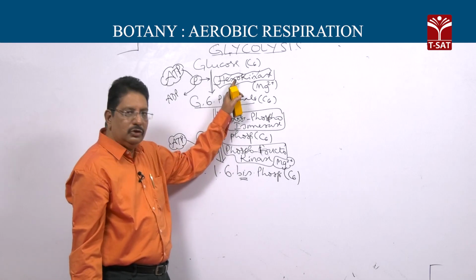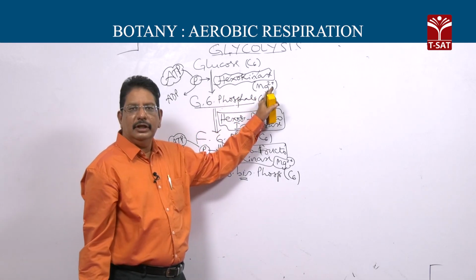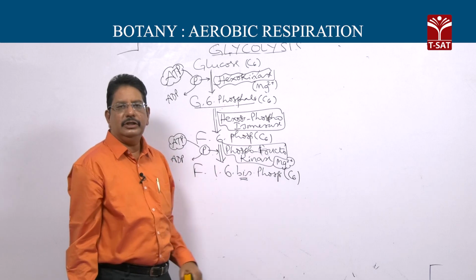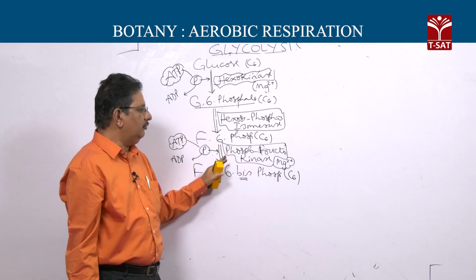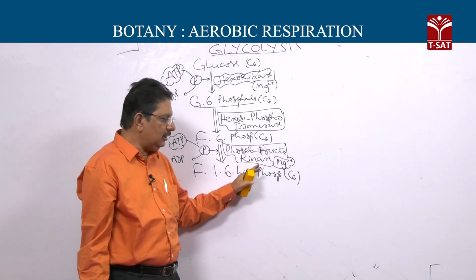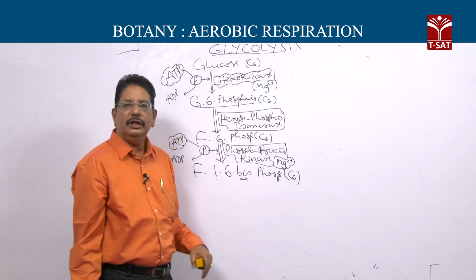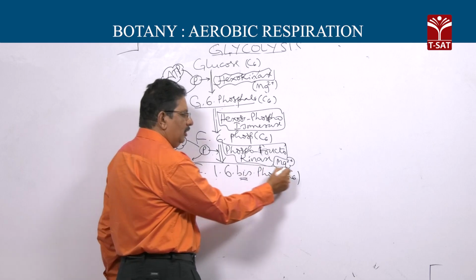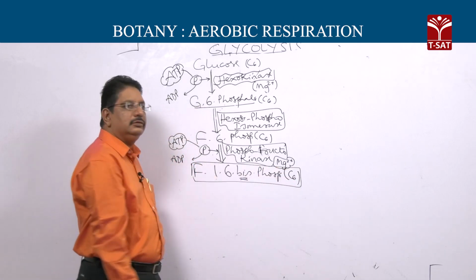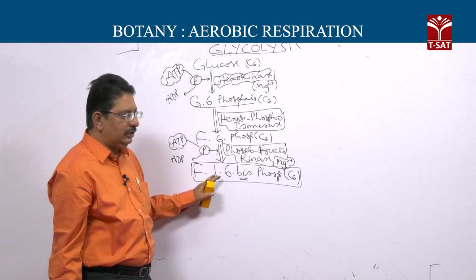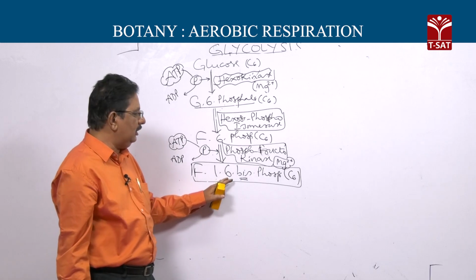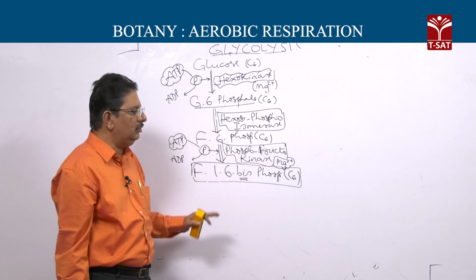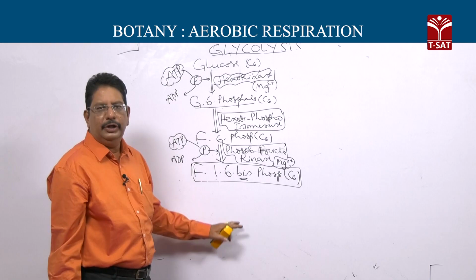So, hexokinase is an enzyme with a magnesium cofactor, and phosphofructokinase is another holoenzyme with magnesium as a cofactor. Now, a hexose molecule with 2 phosphates is formed. So, this is a highly energetic molecule ready for breaking.